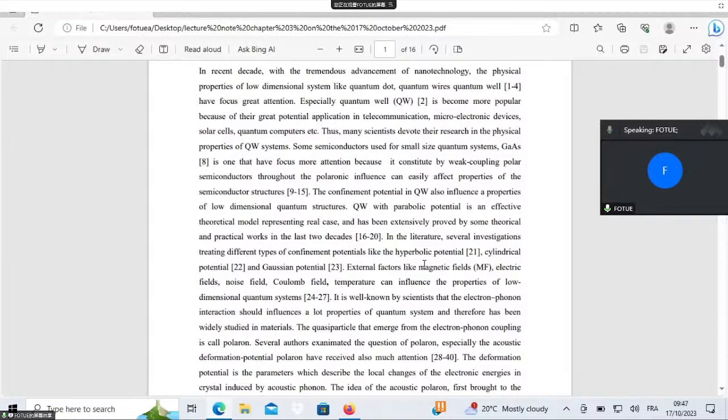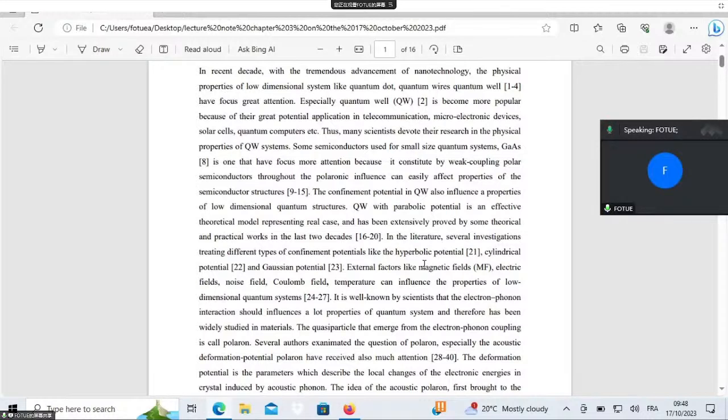And by examining this, we see, for example, the role played by the magnetic field, the electric field, the noise field, the Coulomb field, the temperature, and all those other parameters on the properties of the low dimensional structure.